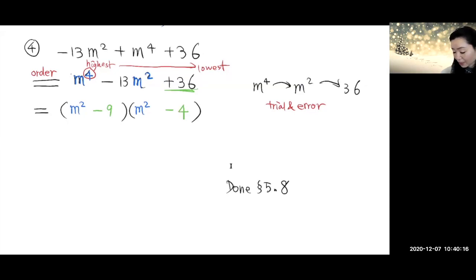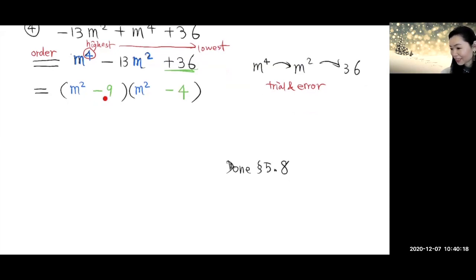Okay. Good job. Now, if you look at this part here, it's a difference of 2 squares because 9 over here is a square, right? So you can continue to factor this. This is m squared minus 3 squared. Okay, and this one again is also a difference of 2 squares, m squared minus 2 squared. So we can continue to factor them.